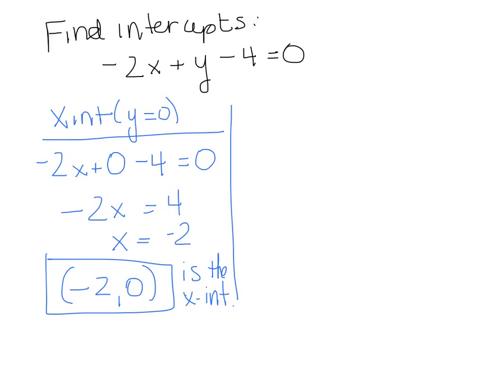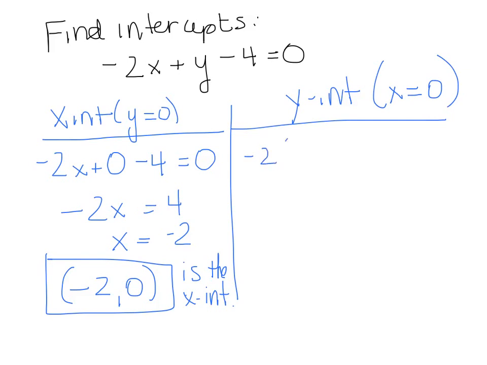Let's go and do a y-intercept. And of course we'll find the y-intercept by setting x equal to 0. Okay? So, starting back at the original equation, setting x equal to 0, -2 times 0 plus y minus 4 is equal to 0.